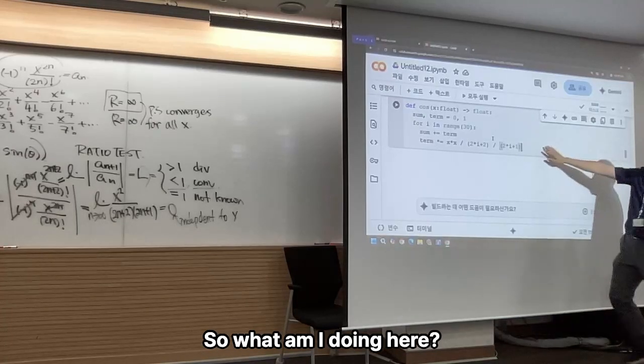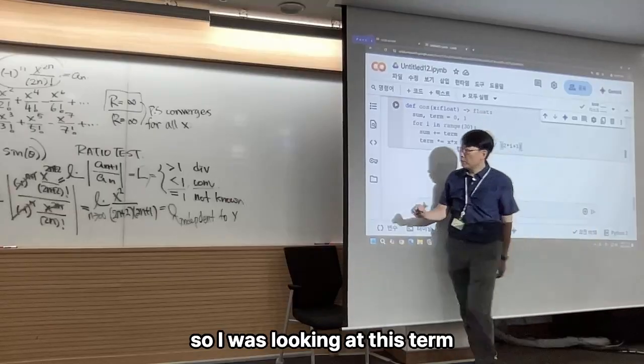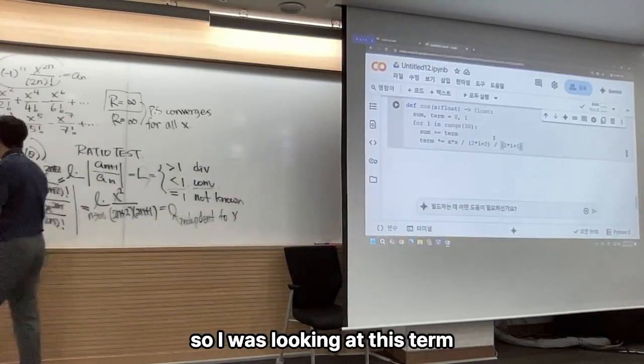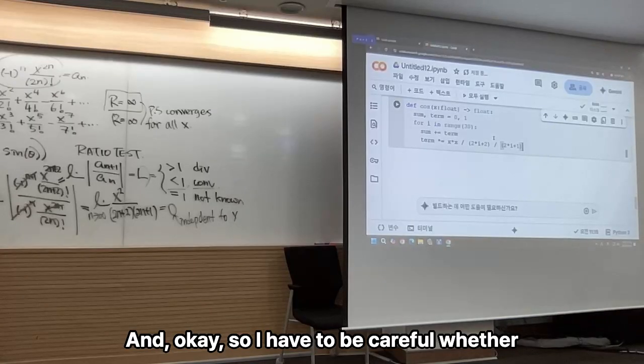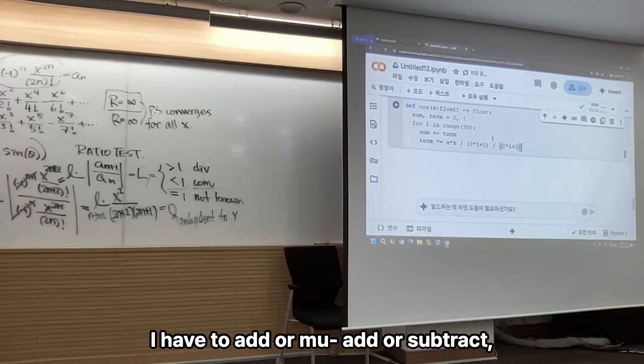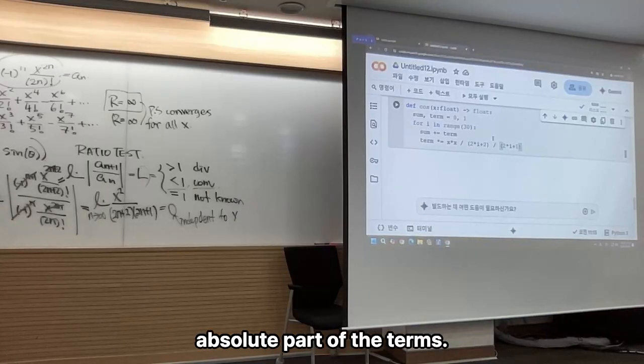So what am I doing here? It was 1 in the beginning. The term was 1. So I was looking at this term right here. My term is 1. And okay, I have to be careful whether I have to add or subtract. But then just look at the absolute part of the terms.